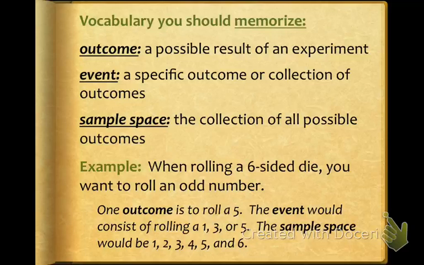Now, since we want to roll an odd number, the event that we're watching for would be rolling a 1, a 3, or a 5, because those are the outcomes that satisfy that event of rolling an odd number. And then the sample space would be all 6 numbers, 1, 2, 3, 4, 5, 6, because those are all of the possible things that I could roll.